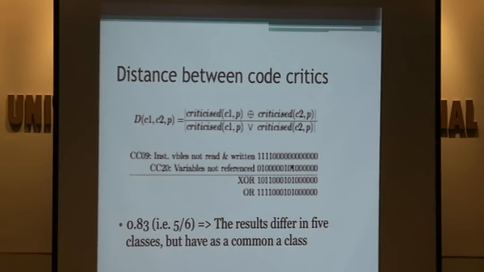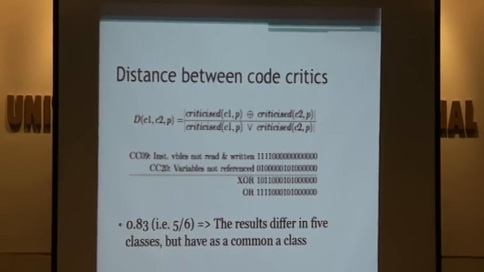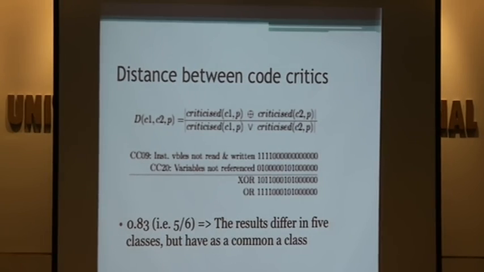So we calculate a distance between 2 different rules. The motivation is that I want to reduce the amount of information that code critic has. I don't want to see 1,000 or 1,200 rules. I want to see if there is something that I can infer.